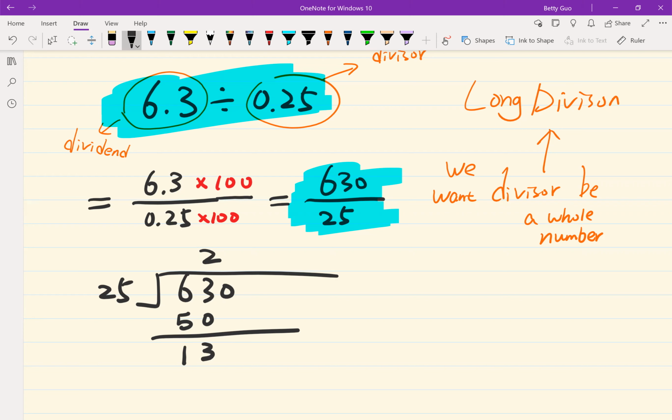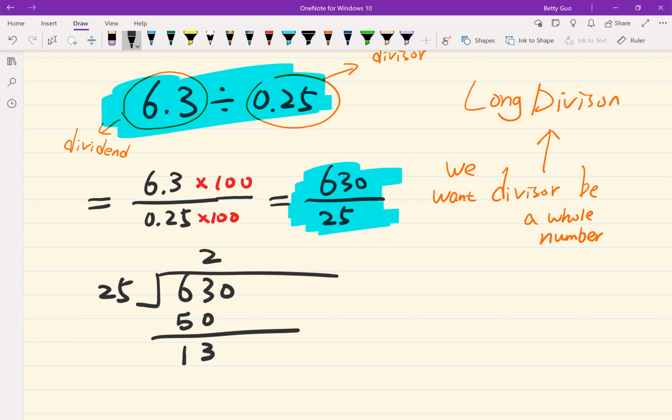So let's pause here. Let me explain that again. We look at how many times 25 goes into 6. It's not possible because 25 is bigger than 6. So we look at 63. How many times does 25 go into 63? Twice, right? 3 is not enough. 75 is bigger. So twice only, with the remainder 13.